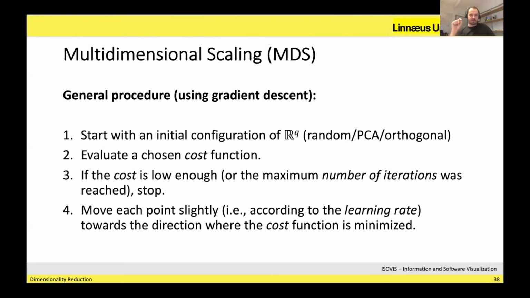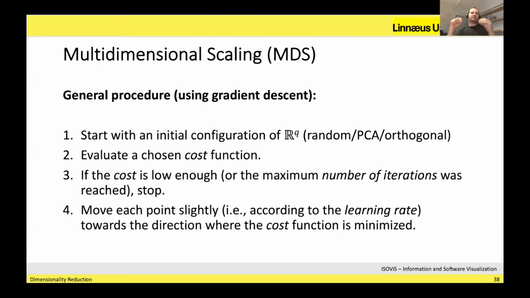So each of these points that you put in this initial guess, you move it slightly towards the direction where the cost function is minimized, right? So there is a certain direction for these points to move where the cost function will be minimized, and each of them has its own direction to move, because you started with a random thing.